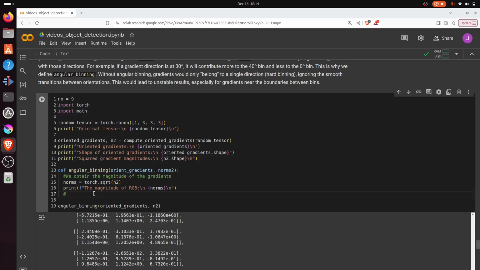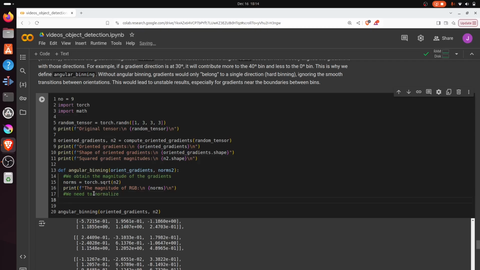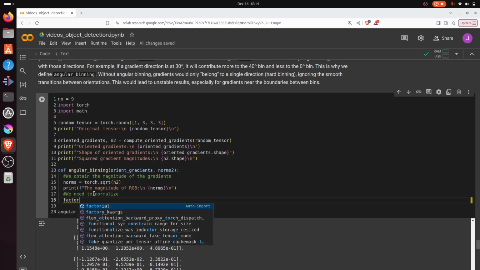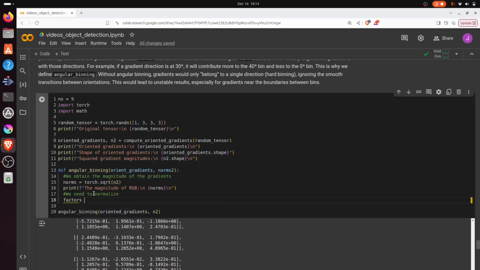Well, we need to normalize, right? So let's call the normalization factors, and we need to divide by these norms that we just computed. We just need to divide by that.